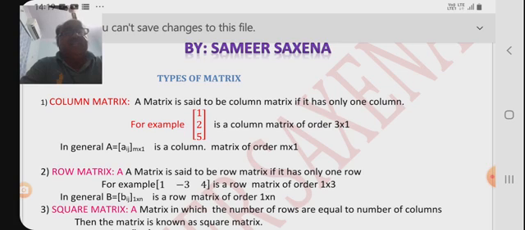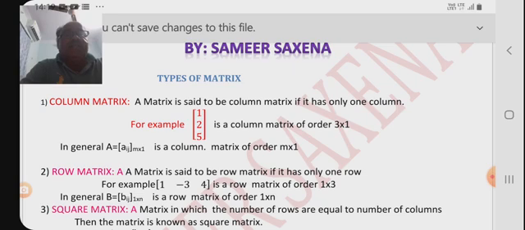That means there is condition only on column, not on row. In general, A equals to Aij m into 1 is a column matrix of order m into 1. Here is another example of column matrix of order 3 into 1.